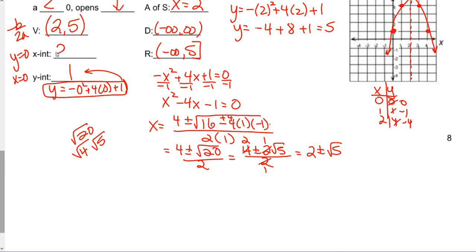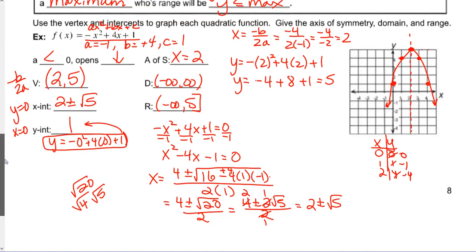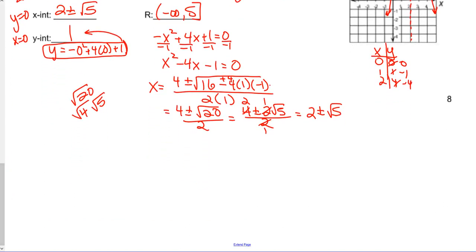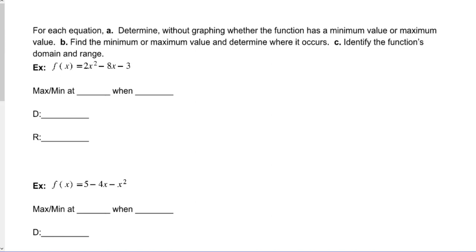So 2 plus or minus root 5. And this is where it kind of all comes together and the culmination of that. Okay, so that is if you don't have standard form to begin with. That's a little bit more difficult, so you got to make sure you know how each piece works. Okay? All right, and our last one is dealing with those minimum and maximums that I had in that last box.